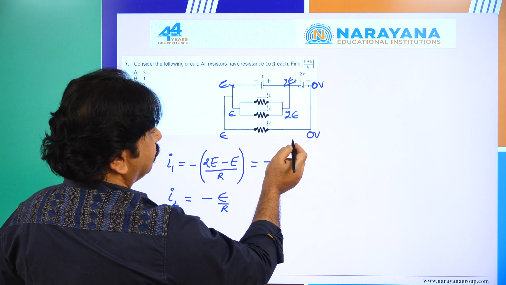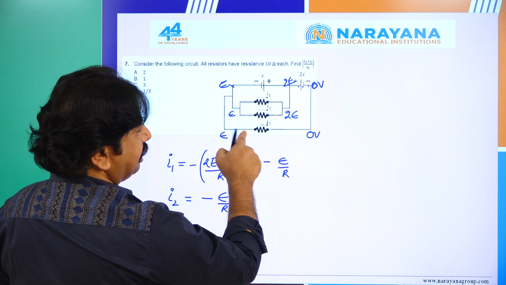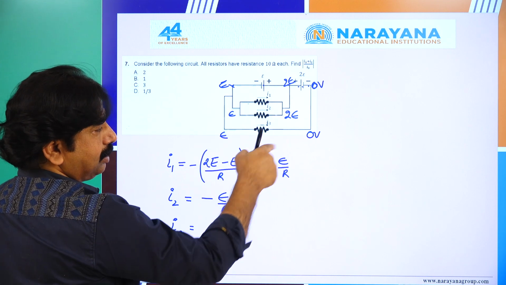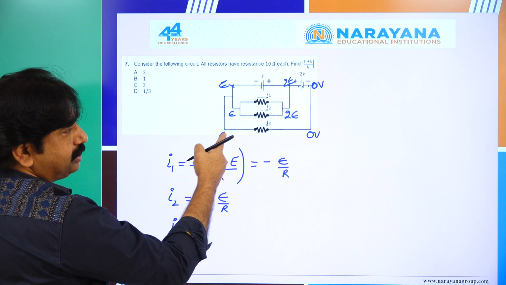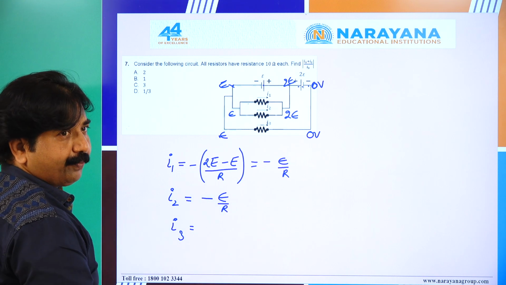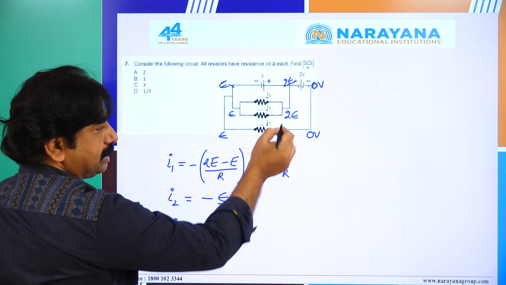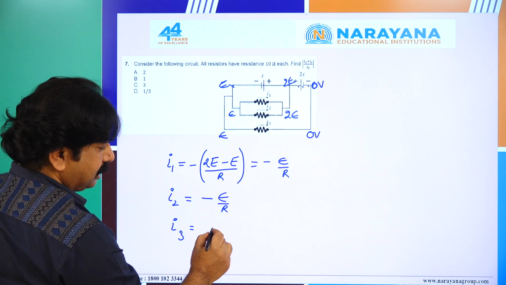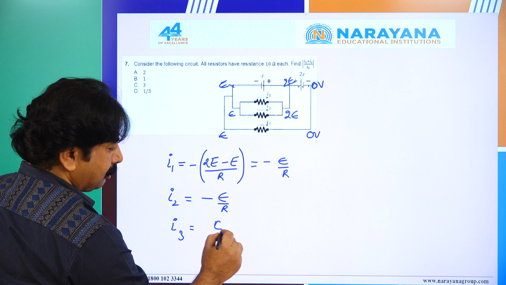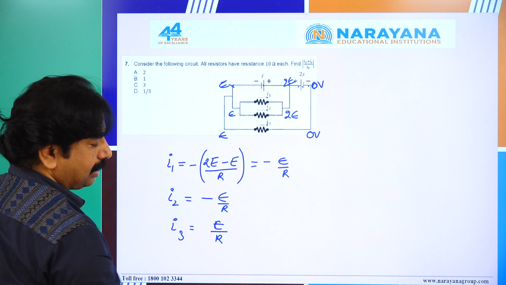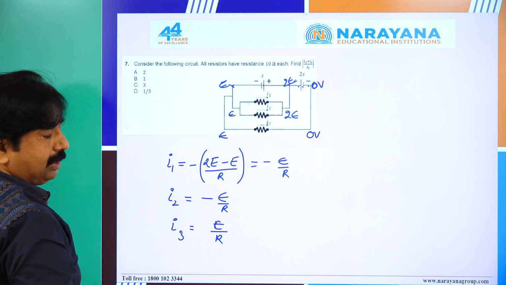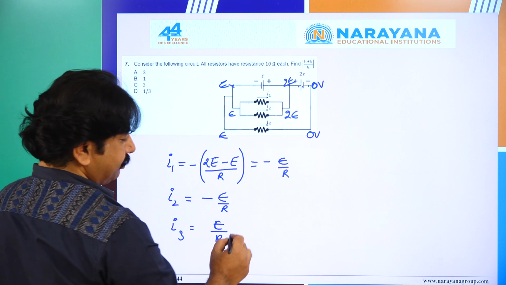What is the I3 value? Here the current direction is like this. And moreover, as per the diagram also, this is the higher potential, this is the lower potential, we know. So the direction of the current is correct. So I3 is equal to, we know, the difference is E, so E by R as per Ohm's law. V is equal to IR, I is equal to V by R only.